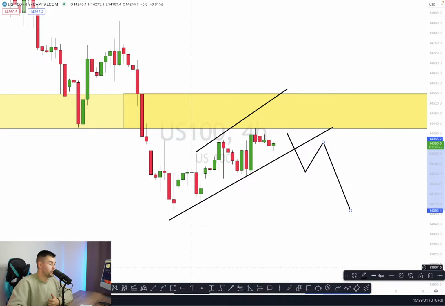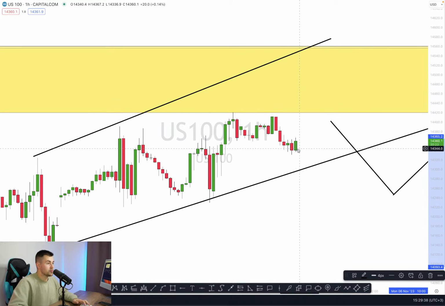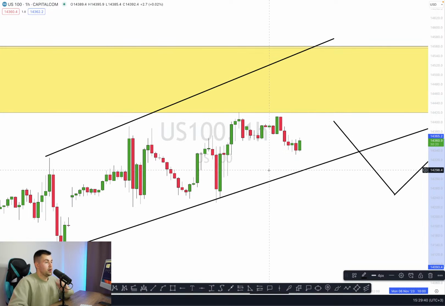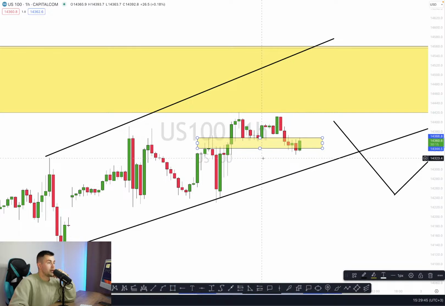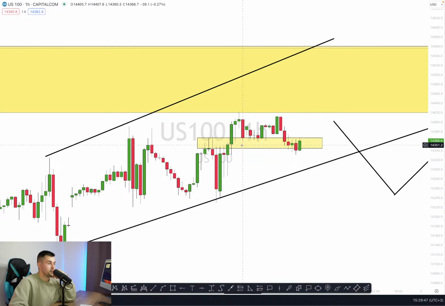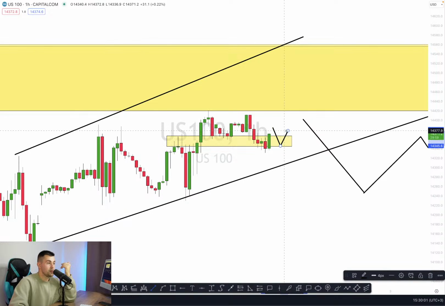What else can we spot here? We can also spot the test of that resistance, and after the test of that resistance, the market is currently coiling. And you can see that on an hourly time frame, we have even formed a double top formation. You can see that the price formed a double top, and the price already violated the neckline of the pattern. So from the intraday perspective, I guess we can also anticipate some bearish continuation to the support of the flag.